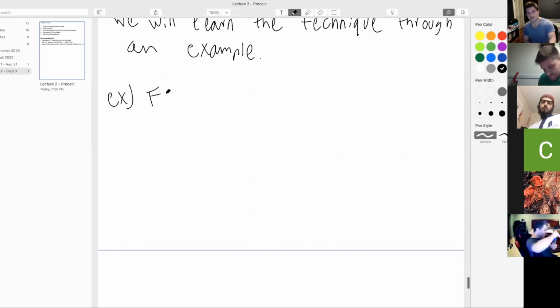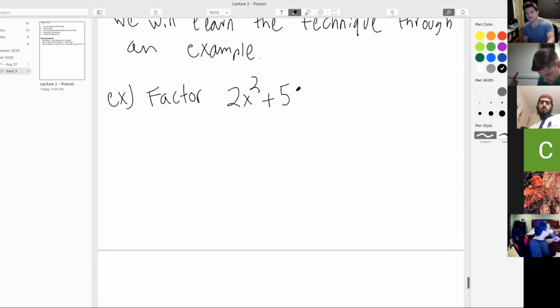The example will be factor 2x squared plus 5x plus 3. So just bear with me here. It's a little bit longer than the previous technique.